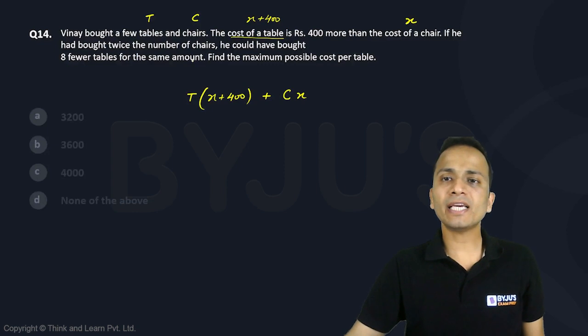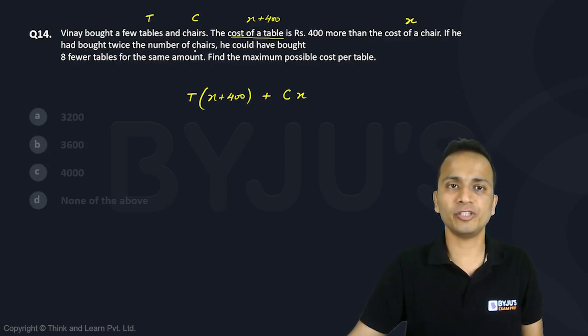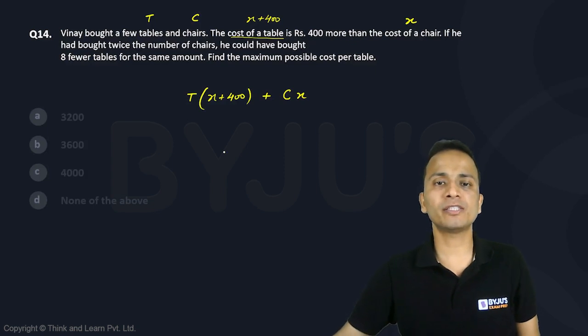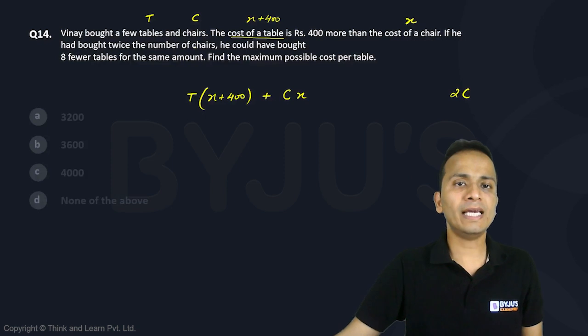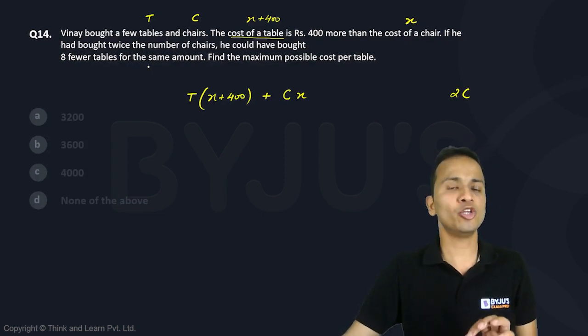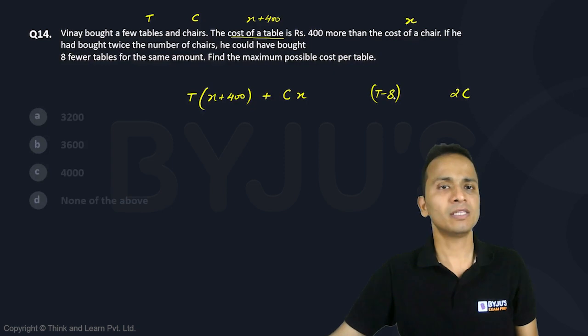Now, secondly, they are saying that if he had bought twice the number of chairs, that means 2C, then he could have bought 8 fewer tables using the same amount. So the number of tables that he will buy now will be T minus 8. The price is the same.